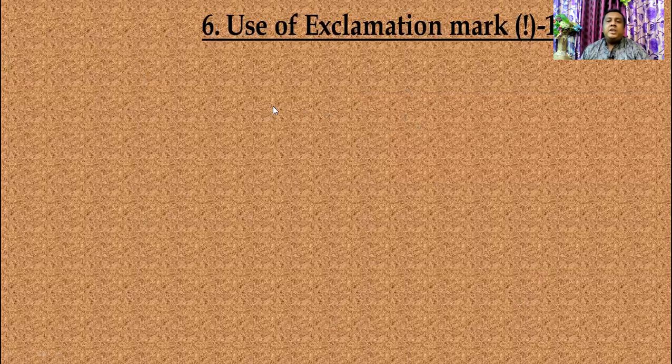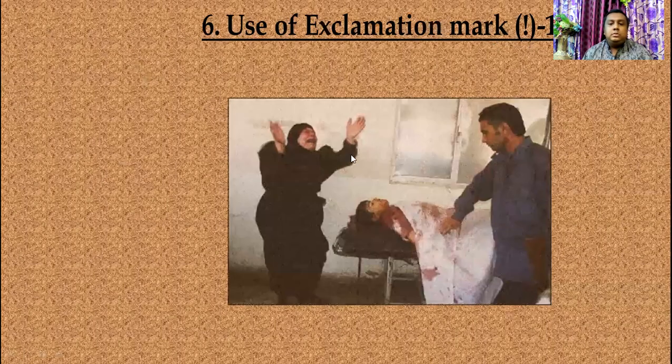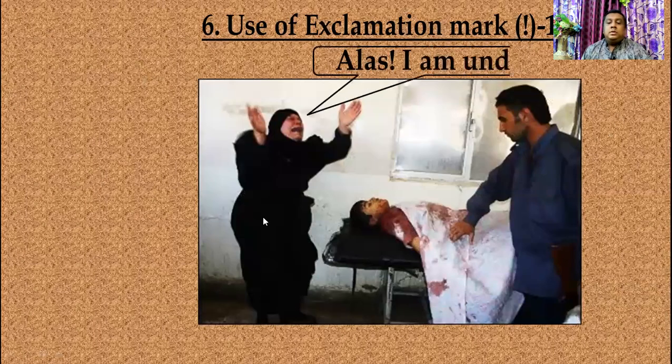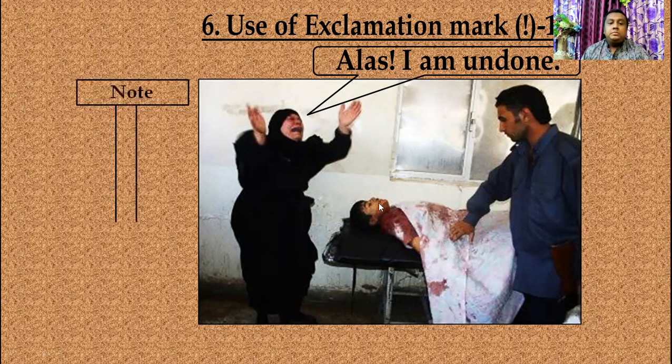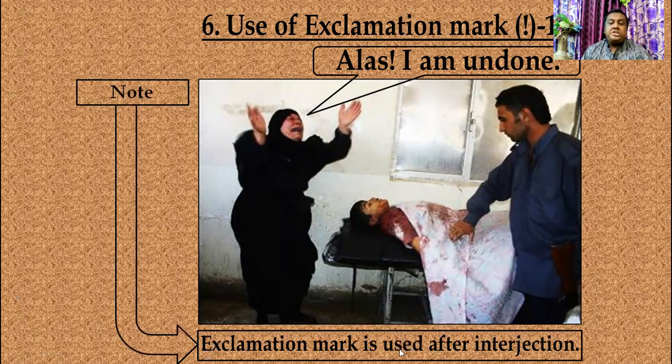Now the sign of exclamation, the use of the exclamation mark. The baby is badly injured and the mother is saying, "Alas, I am undone!" because she lost her child. So an exclamation mark is used after an interjection.